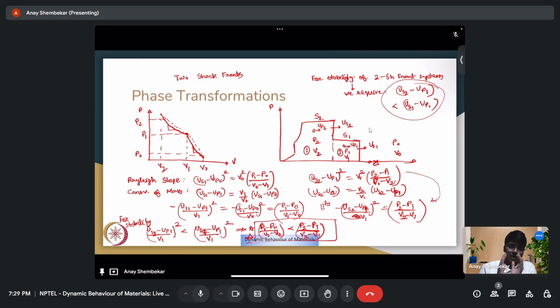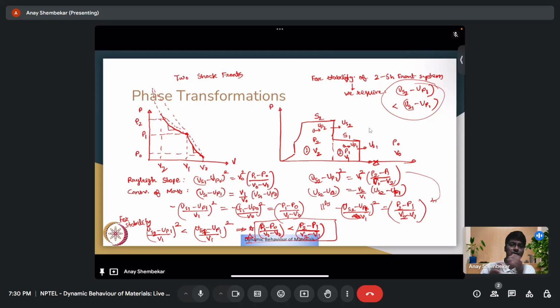Now, if we were to extend the pressure volume Rankine-Hugoniot curve for higher and higher pressures, you can see that eventually there will come a point where your Rayleigh line before the onset of transformation and after the onset of transformation both have the same slope.